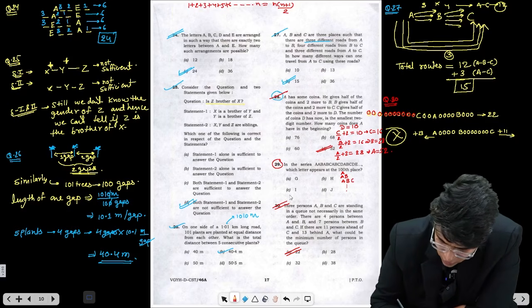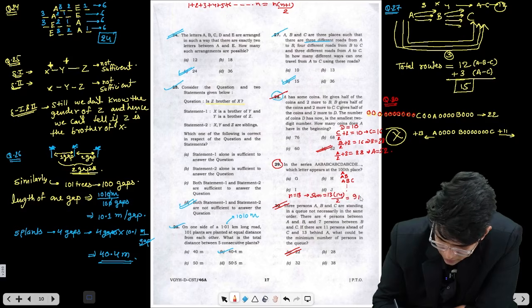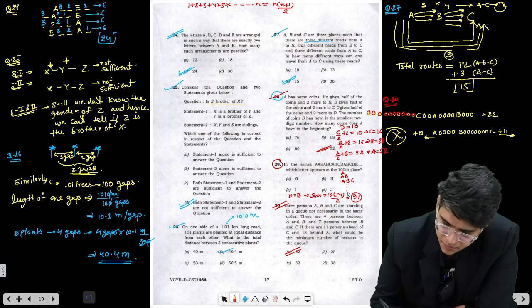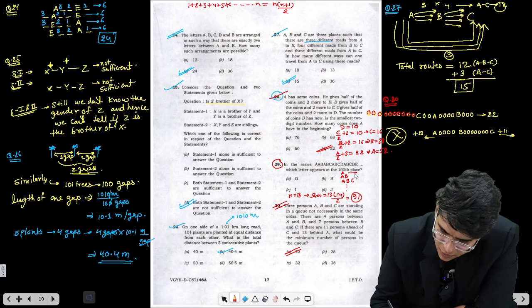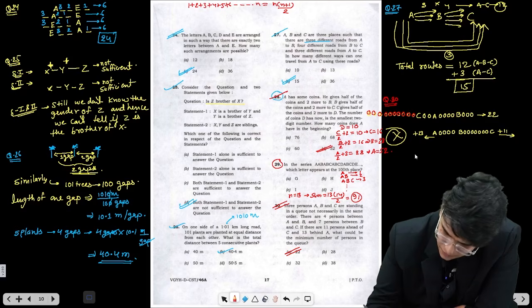For n equals 13, the sum is 13 into 14 by 2, which is 91. So the 91st term: one series has one term, then 2, then 3, up to 13, we will have the 91st term.